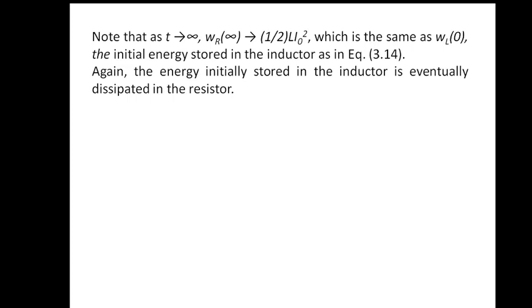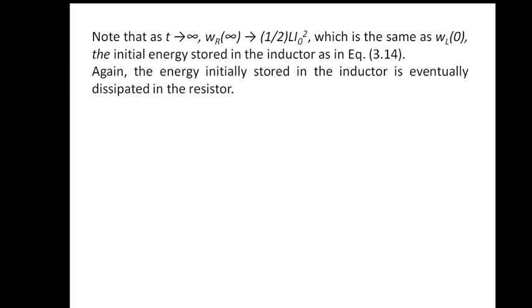That is the value the inductor stores as energy at the initial stage, at t equal to 0. That is the initial energy stored in the inductor. Therefore, the energy initially stored in the inductor is eventually dissipated in the resistor.